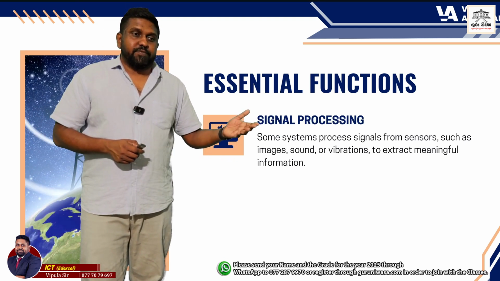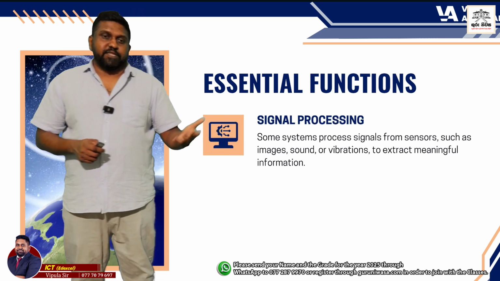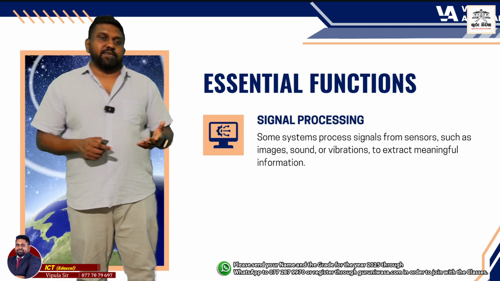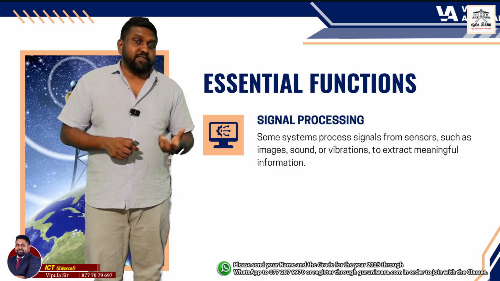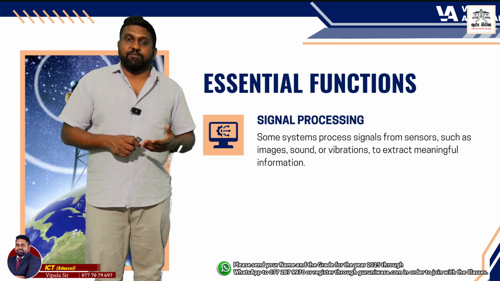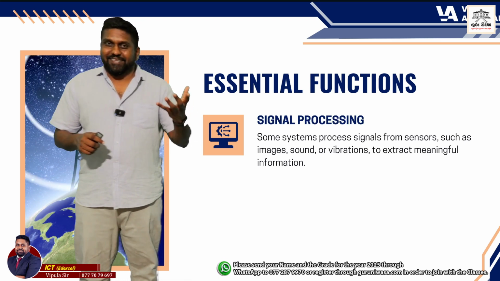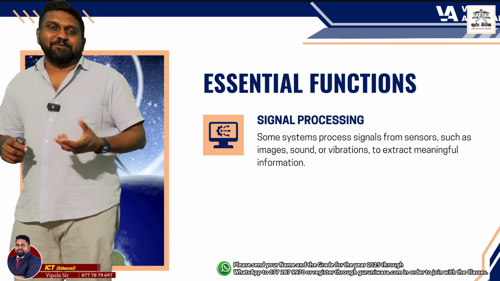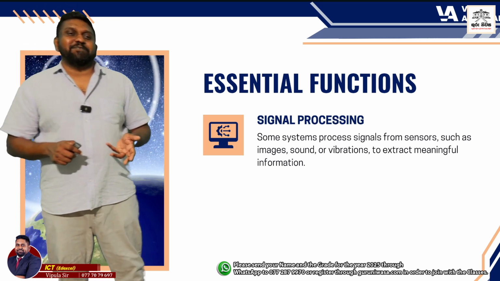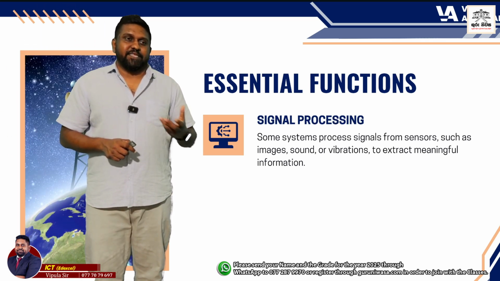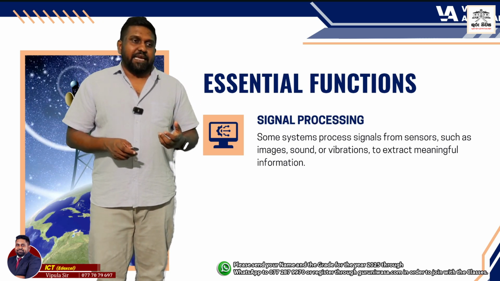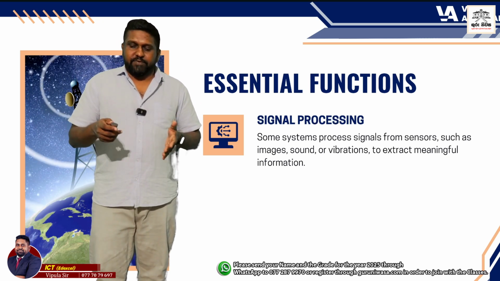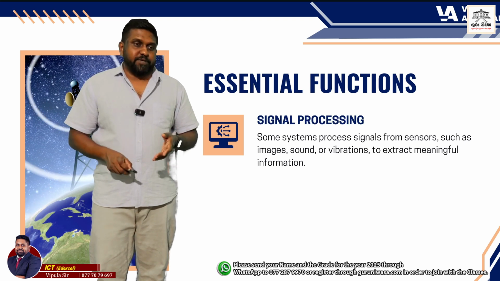Then signal processing. Signal processing allows us to process signals from sensors such as images, sounds, vibrations, and it will also allow you to extract meaningful information. Okay, so this will allow you to get the details out and extract information at different points.